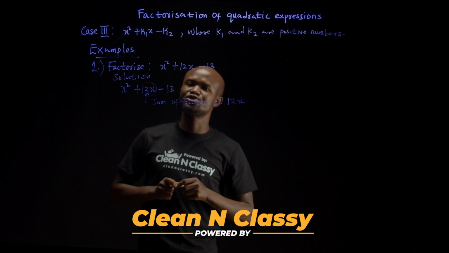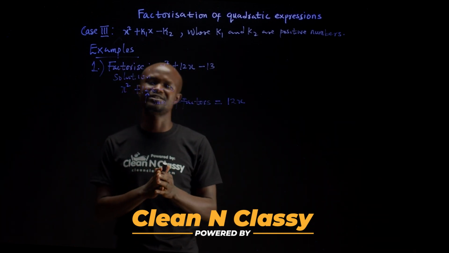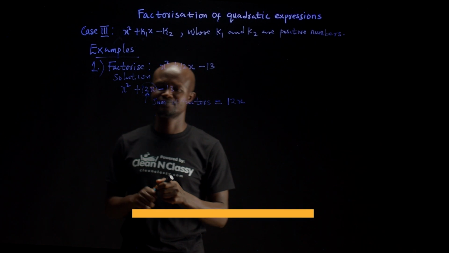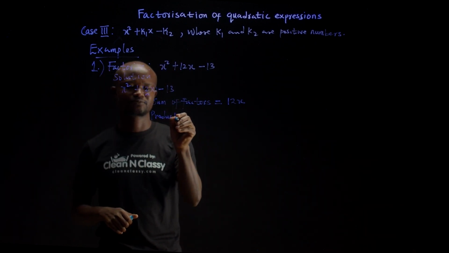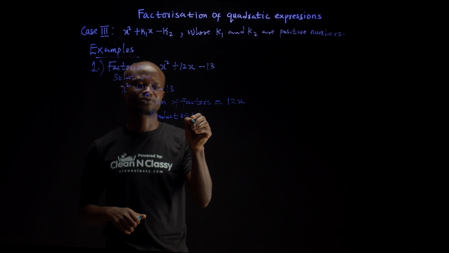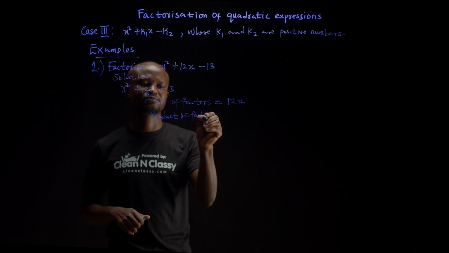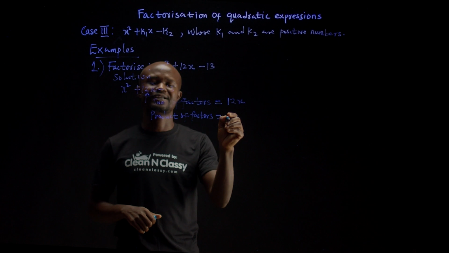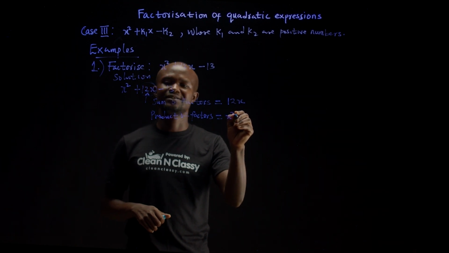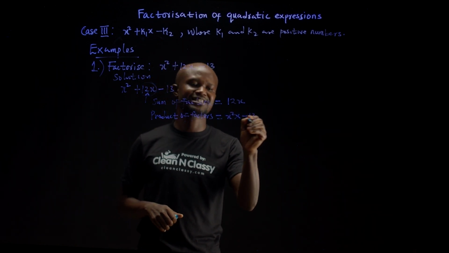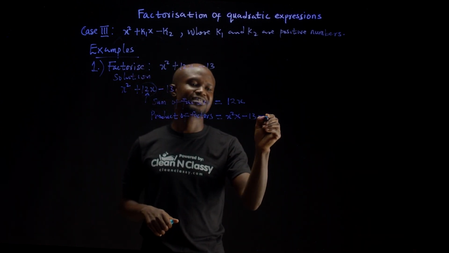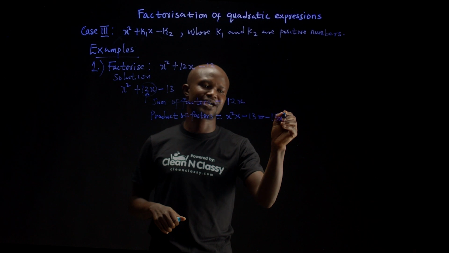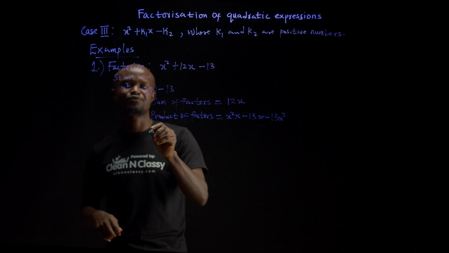Now the next thing to do is to determine the product of factors. That's x squared times minus 13, and that will give us minus 13x squared. That is the product of factors.